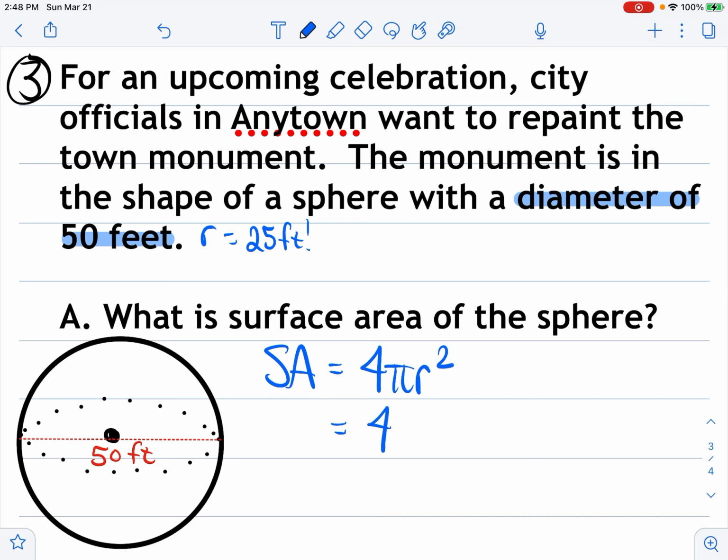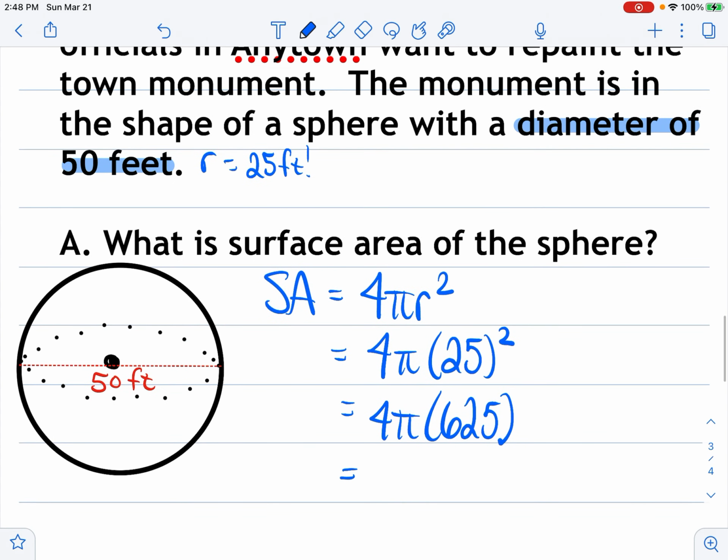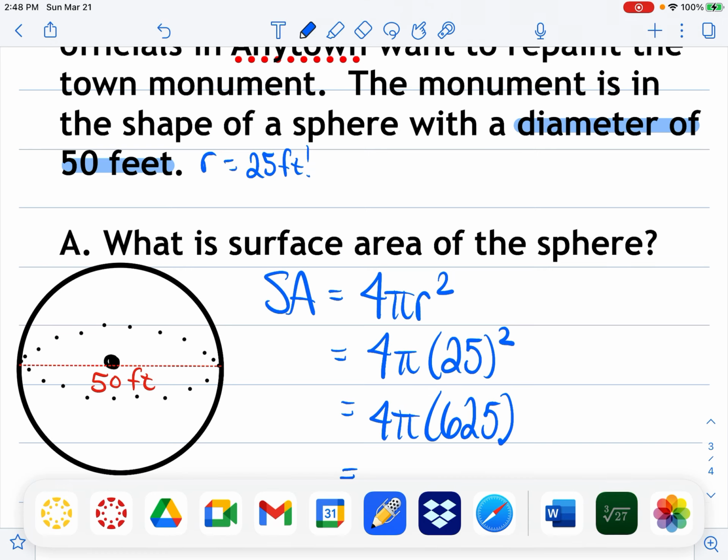So then I need to do 4 times pi times 25 squared. And 25 squared is 625. So I'm now going to go to the calculator.